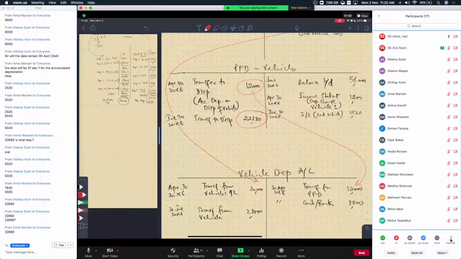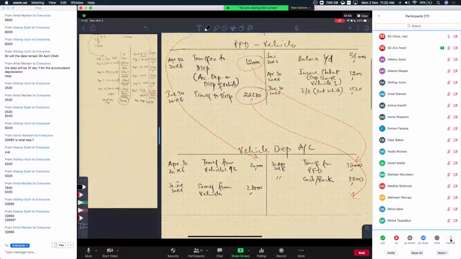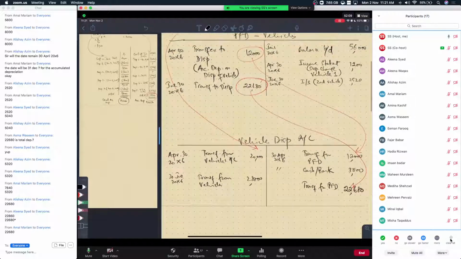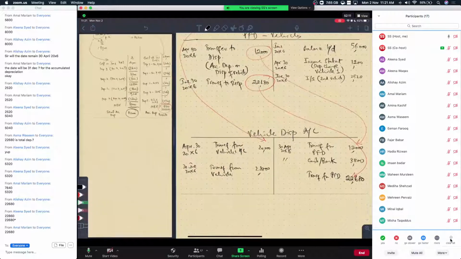This is going to be transferred here, right? So 22,680. This is transferred from the provision for depreciation account, right? So our figures are done here. The original transfers are done.